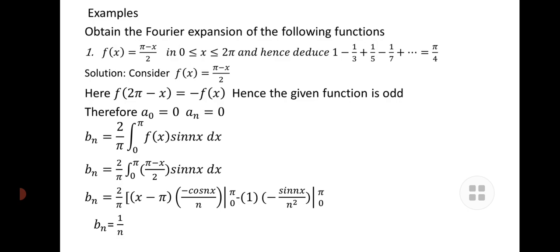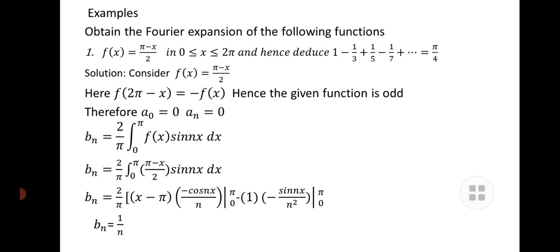Therefore, Bn is equal to 2 divided by pi integral 0 to pi f of x sin nx dx, because this is an example for the interval 0 comma 2 pi. So Bn is equal to 2 divided by pi integral 0 to pi of pi minus x divided by 2 sin nx dx.